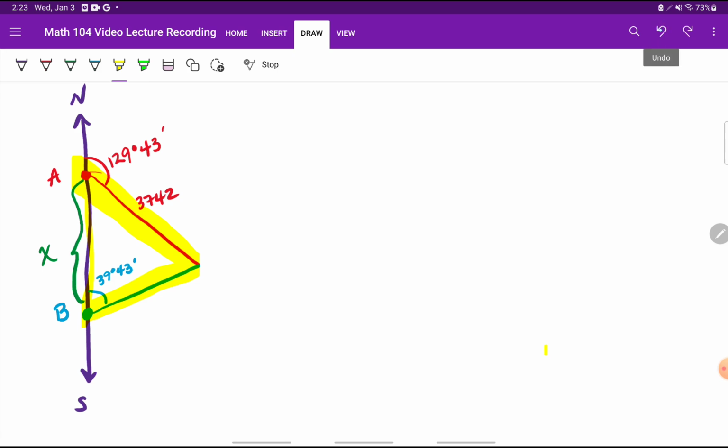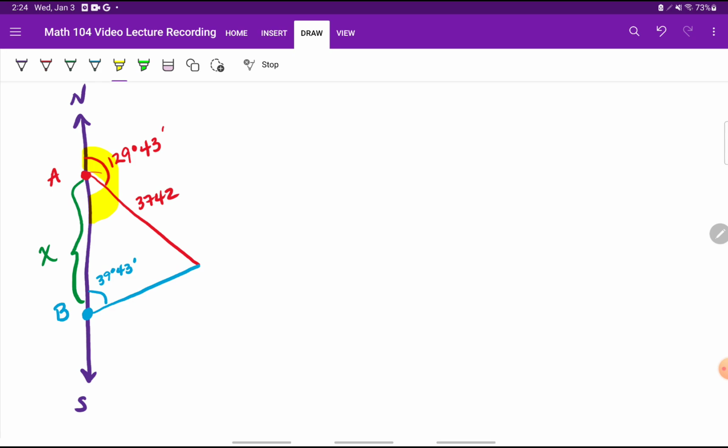So we've got this north-south line that makes a straight line. A straight line has a total of 180 degrees. So that means I could find the portion inside my triangle by doing 180 degrees minus 129 degrees 43 minutes.